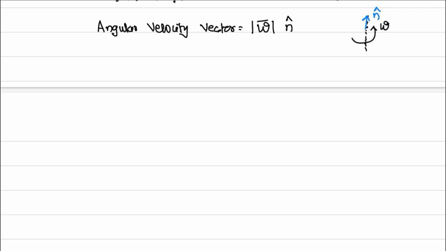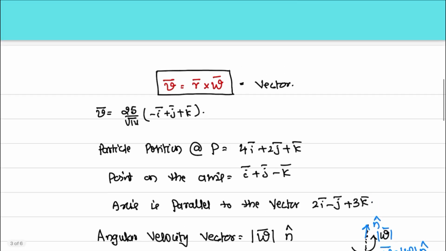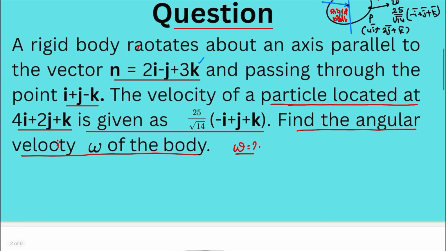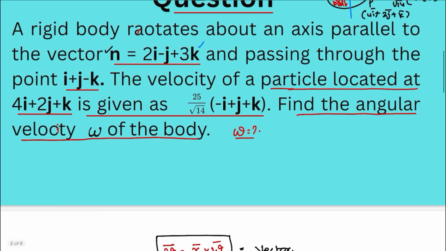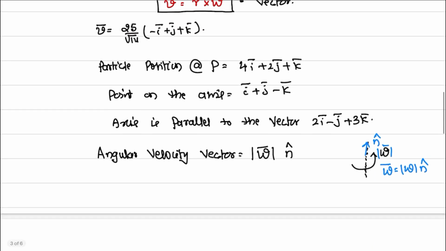This is magnitude, and vector omega is equal to magnitude omega with unit vector n in the direction of the axis. Please try to understand. Then the axis is parallel to this, and what is the unit vector on the axis?